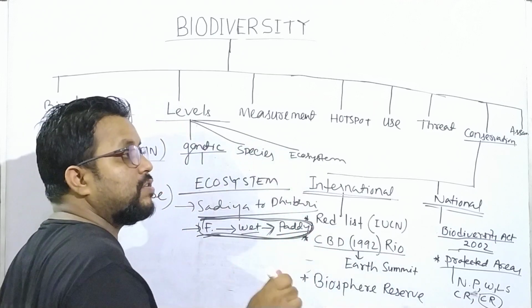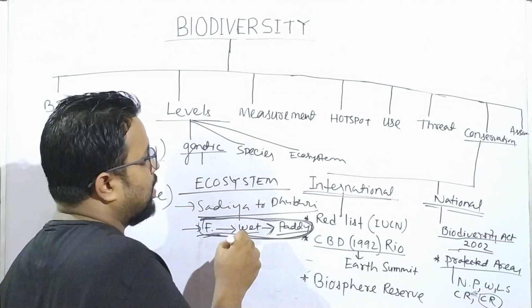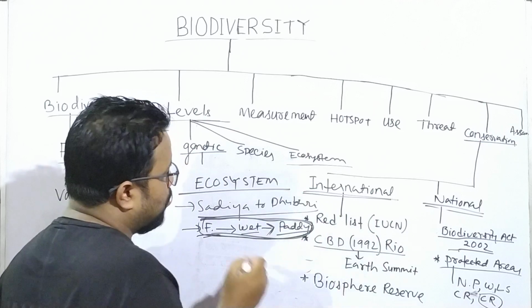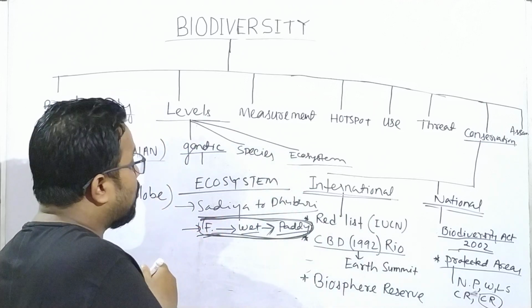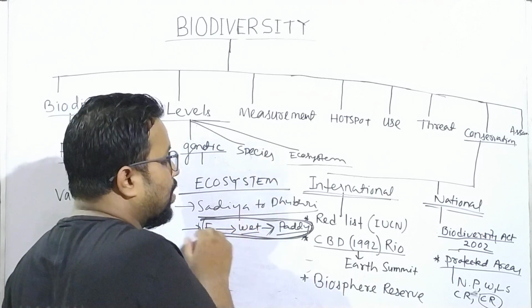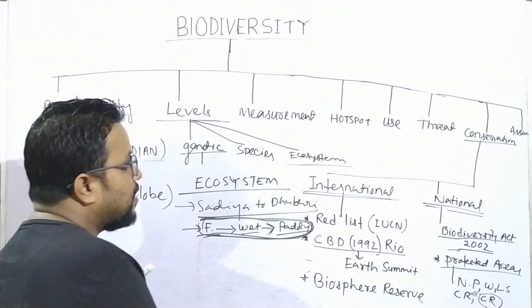If biodiversity occurs because of different ecosystems in a particular state, country or region, then it is called ecosystem biodiversity.